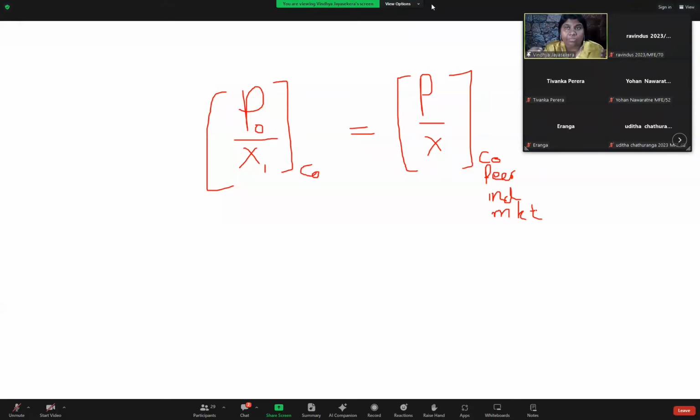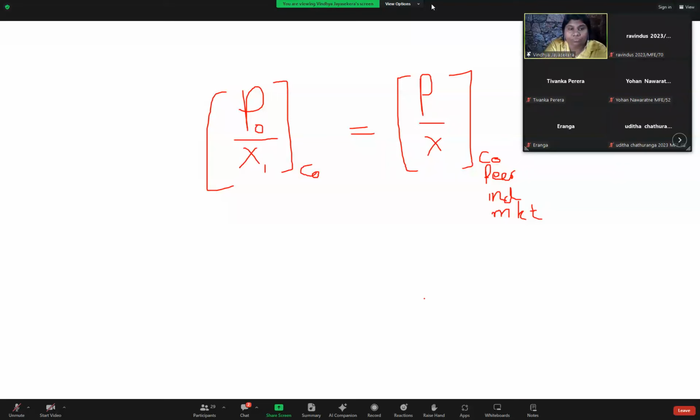Price to earnings, price to book value, price to sales, price to cash flows, price to EBITDA. Whatever denominator of my company, the price to the same denominator is equal for the company, peers, market or industry that I'm comparing myself against. That's the assumption.